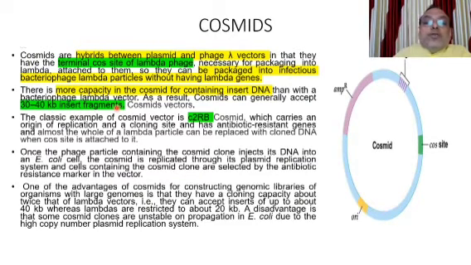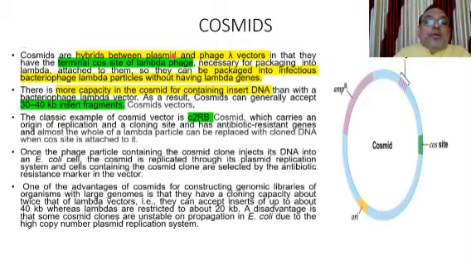So this is a synthesized plasmid having cos sites of the lambda, and so this is called a cosmid. It is a hybrid between a plasmid and the lambda phage, a lambda vector.